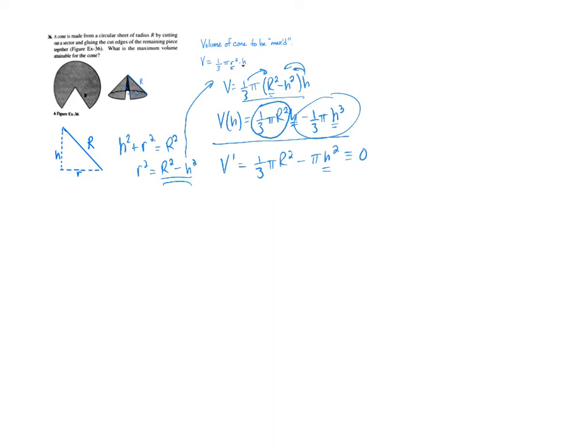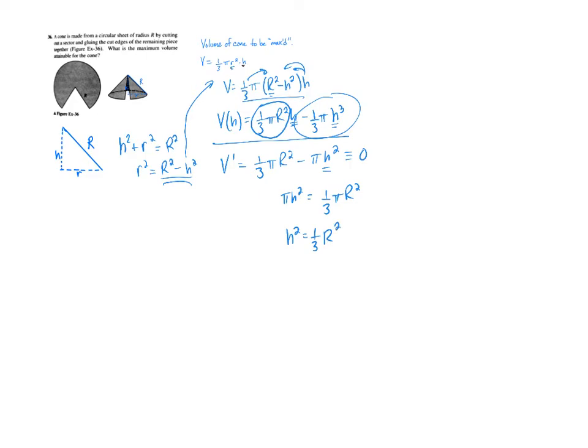Solving this, we add pi h squared to the other side, so pi h squared is equal to 1/3 of pi big R squared. We divide both sides by pi, and we get h squared equals 1/3 of R squared.